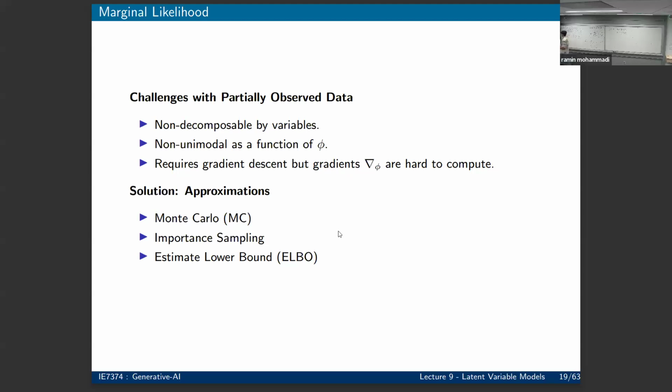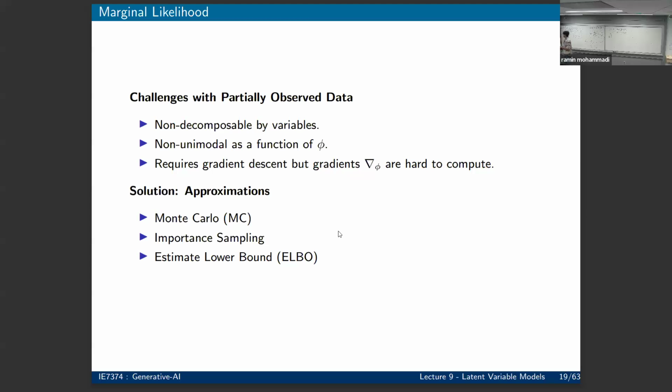The second is that they are non-unimodal as a function of theta or phi, because this part of the equation is multimodal, since you have mu and covariances. And the third one is that the gradients are really hard to compute, but we will see. It's not that straightforward to calculate the gradient for these models.